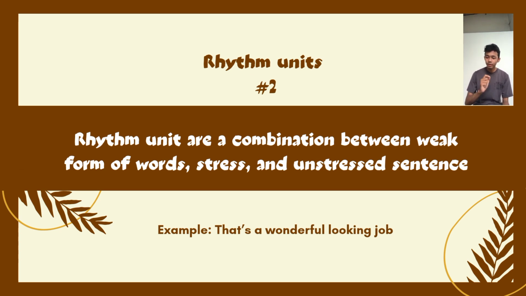Rhythm units are a combination of weak forms of words and stressed and unstressed words. If in the past material you learned about stressed and unstressed words, in rhythm units it is stressed and unstressed sentences, and that is what gives English its beat. It's like music.